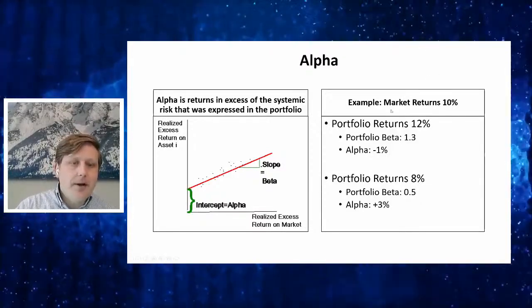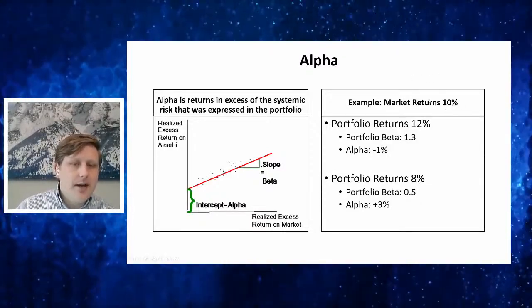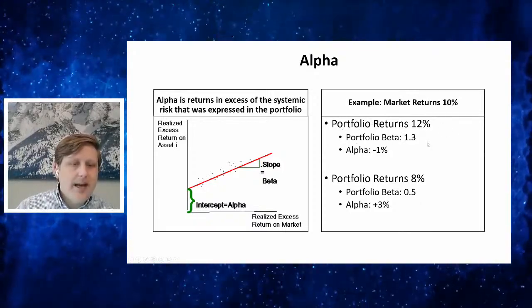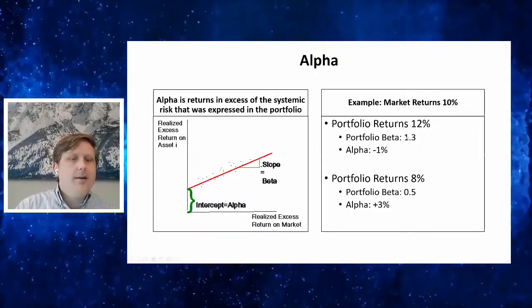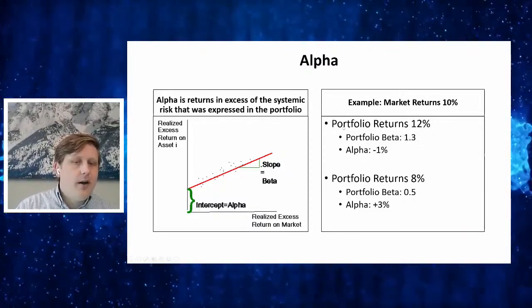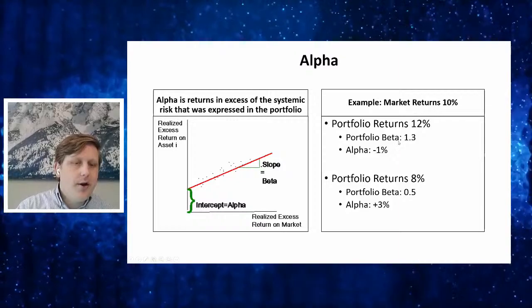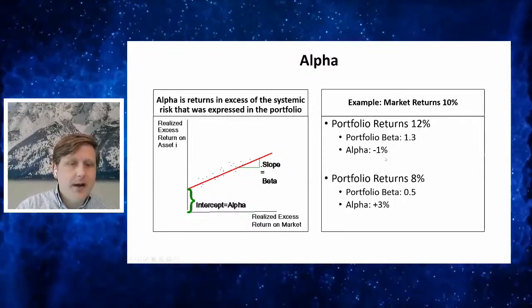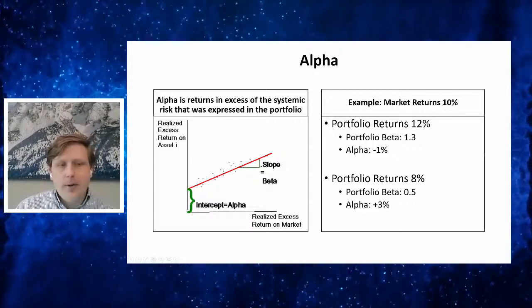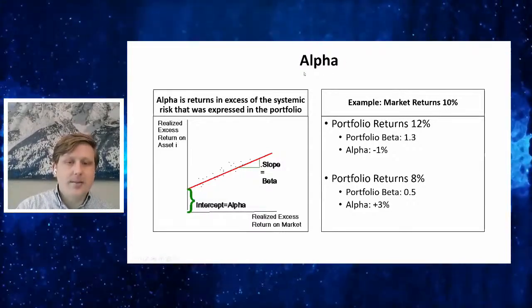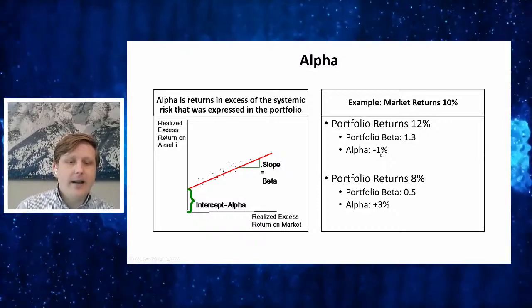For example, if the market returned 10% and an individual's portfolio returned 12%, but they had a beta of 1.3 because of their risk in the portfolio, they should have generated a 13% return, but they only generated 12%. So their alpha is actually negative 1%. Even though they did better on a nominal basis, on a risk-adjusted basis, because alpha is a risk-adjusted metric, they actually generated negative alpha.